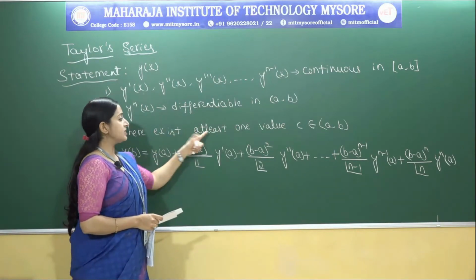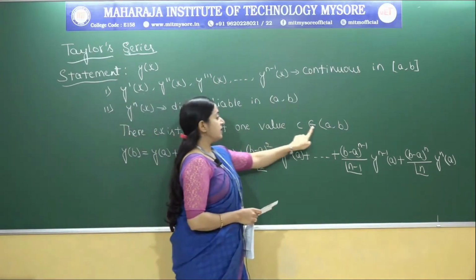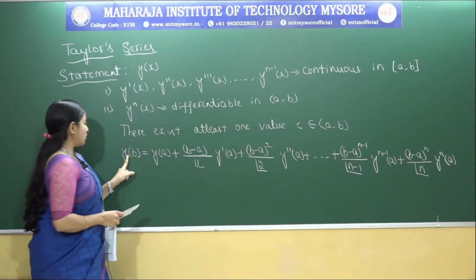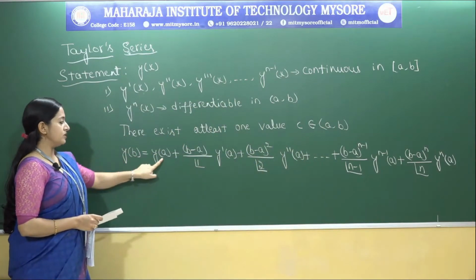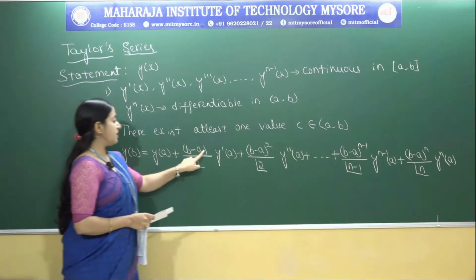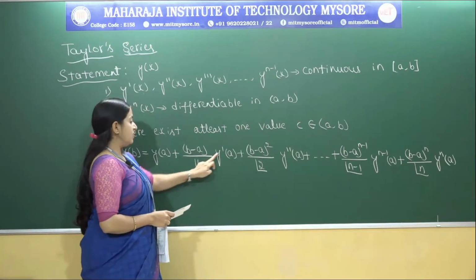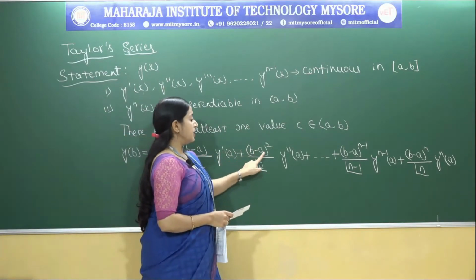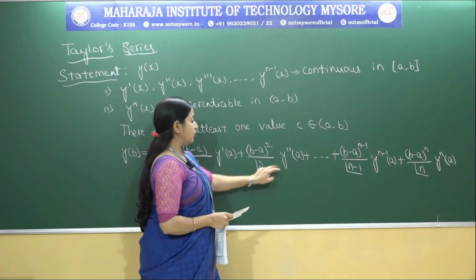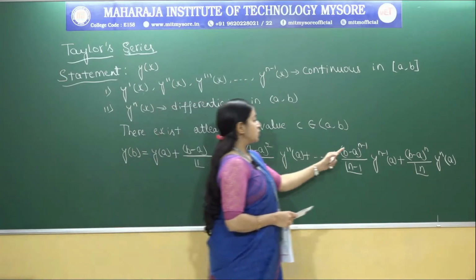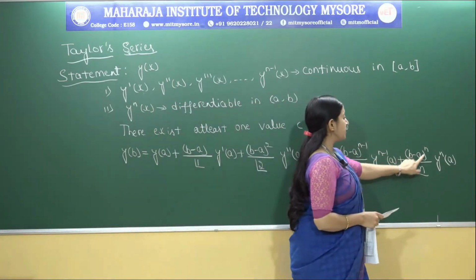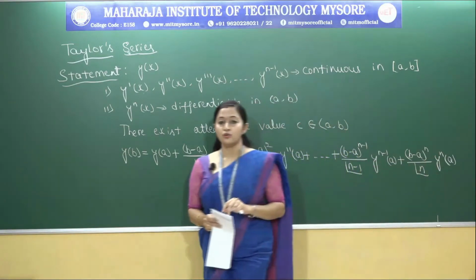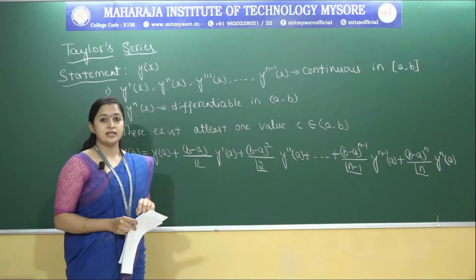Then there exists at least one value c that belongs to the open interval ab such that y of b equals y of a plus (b minus a) divided by 1 factorial, the first derivative of a, second one (b minus a) whole square by 2 factorial, second derivative. The last term (b minus a) power n divided by n factorial, the nth derivative of y at a. So this is the Taylor series.